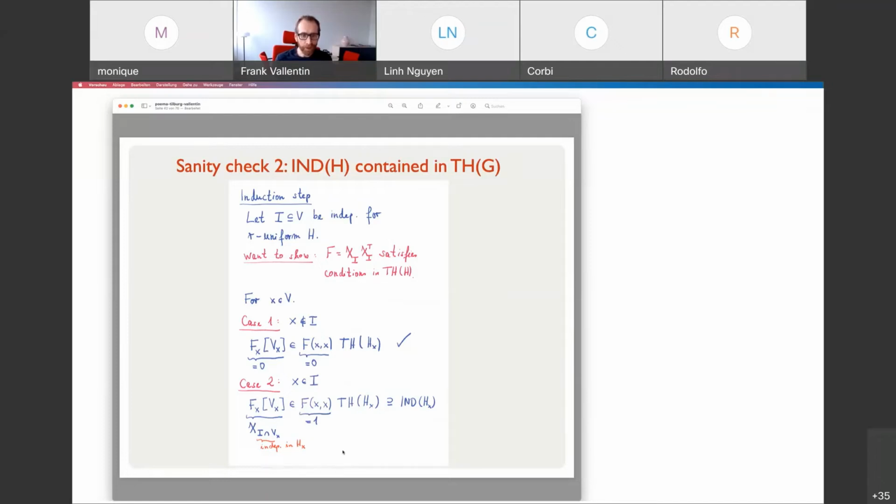If you saw this definition for the first time, it makes sense to do this proof once, because then you get familiar with the concept. So the independent set polytope of H is contained in the theta body of H.